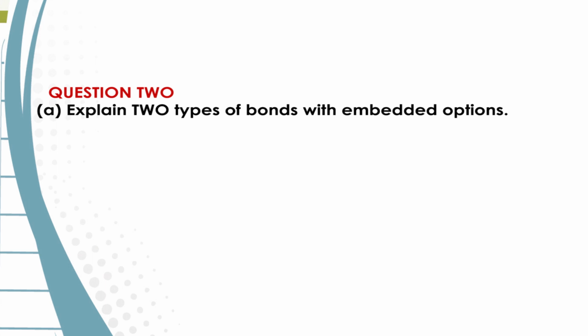Question 2A, I read, explain two types of bonds with embedded options. 4 marks.